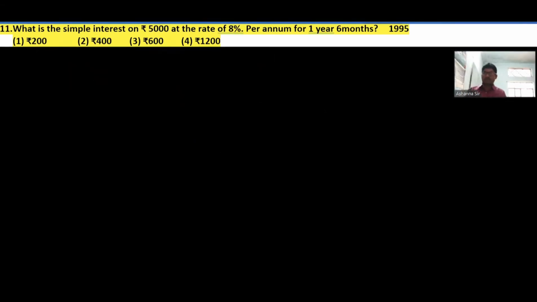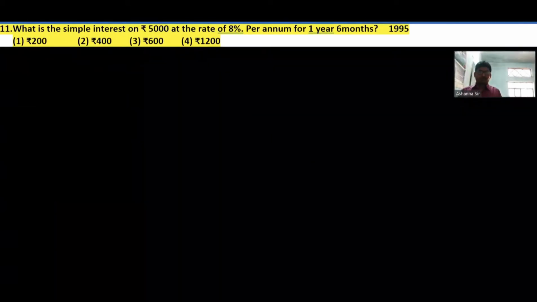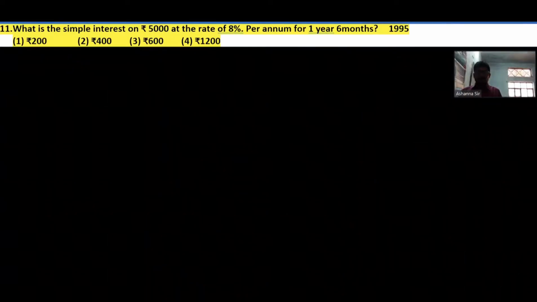Next question number 11. What is the simple interest on 5,000 at the rate of 8% per annum for 1 year 6 months? Same formula, simple interest I is equal to PTR by 100.